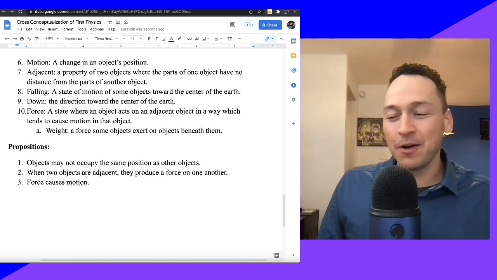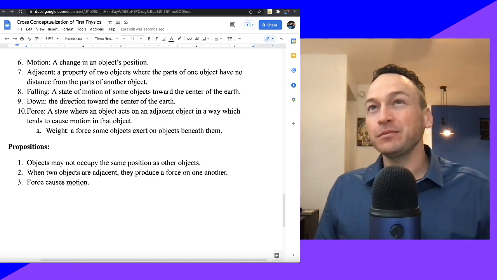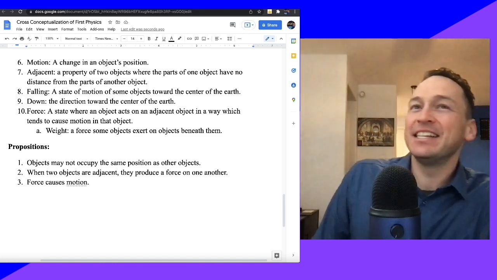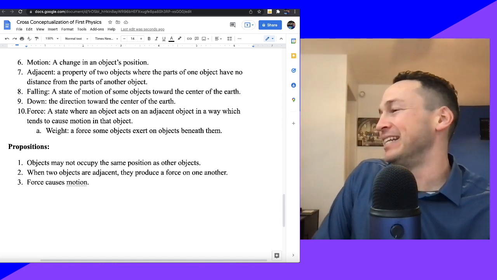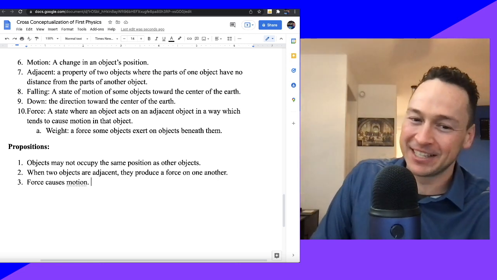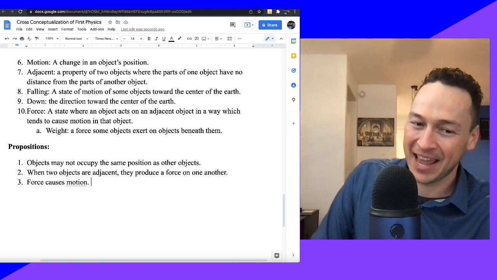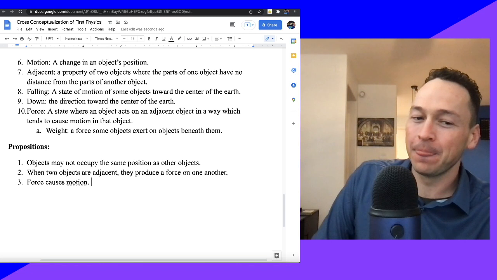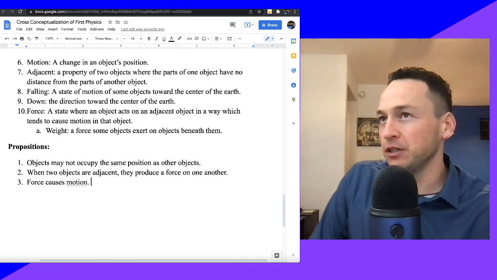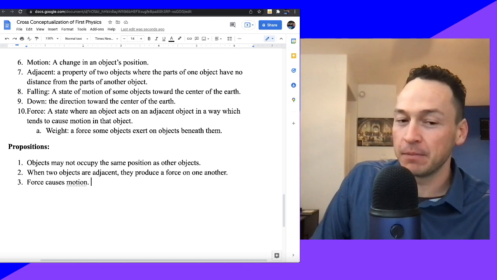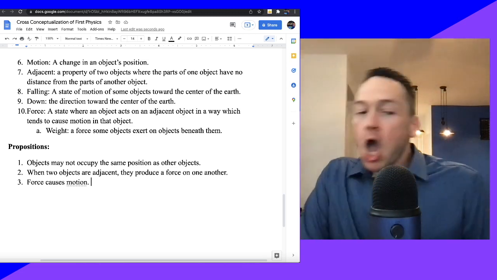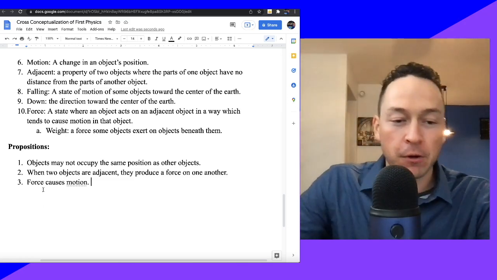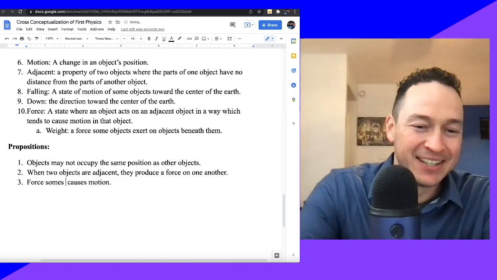Now, I will maintain, at least for now, and during this phase of our integration, that this is a valid proposition, okay? Now, force certainly sometimes causes motion, but does it always cause motion? No. So let's say force sometimes.